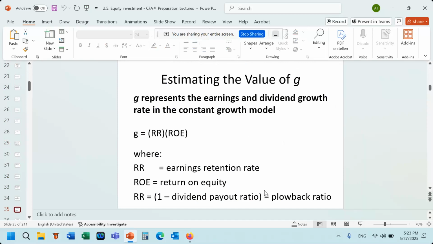A retention rate is also called plowback ratio. That word comes from farming. We are plowing the seeds back into our activity or our farm, expanding the business.